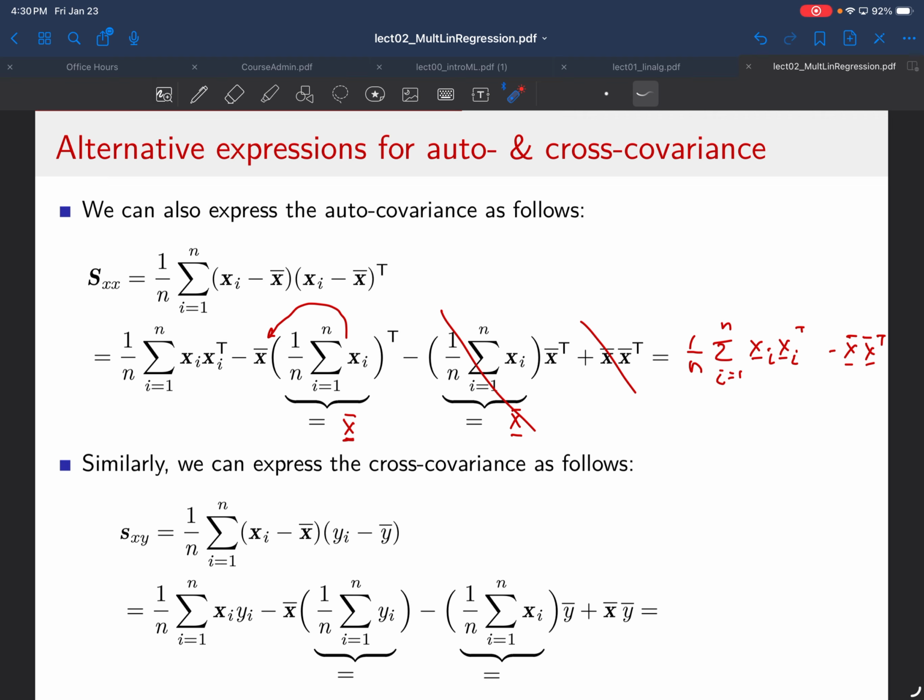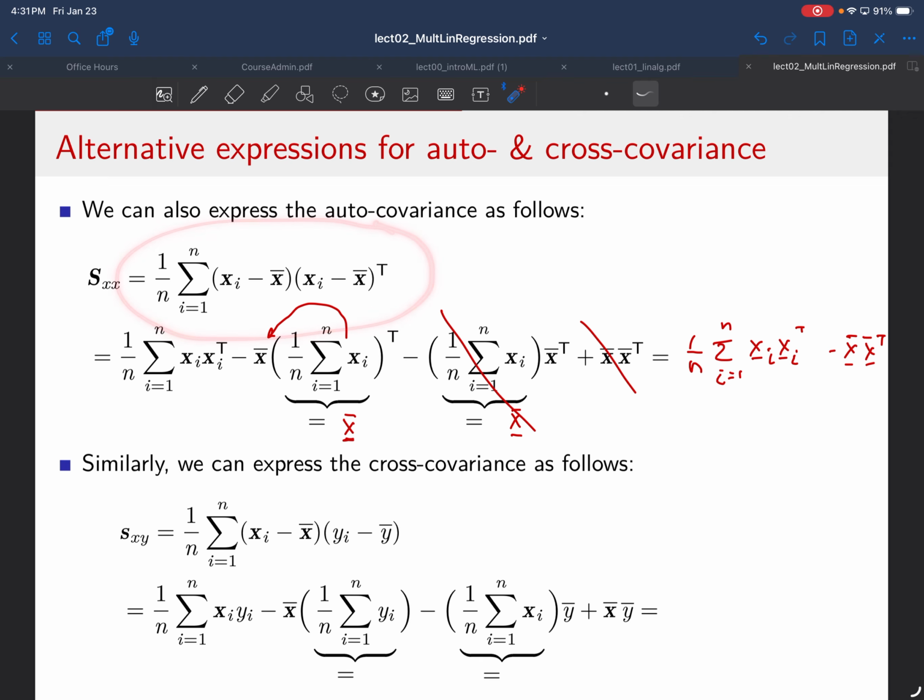That's right, because essentially if I look at this quantity, it's like I would just be adding up x bar times x bar transpose n times and dividing by n. And so it's like I'm averaging a fixed thing, and the average plays no role, so I don't have to include it.